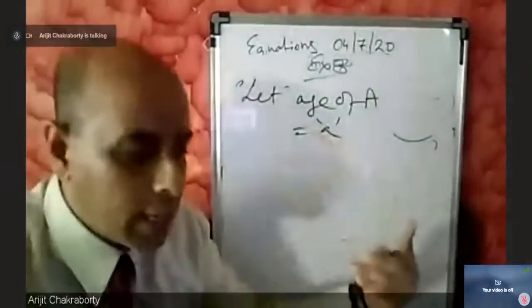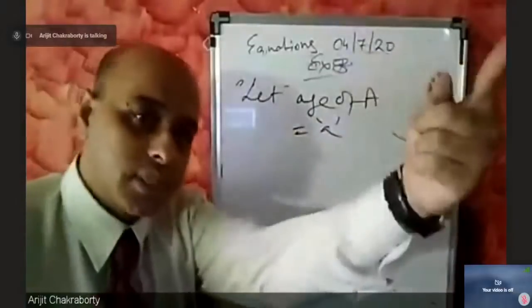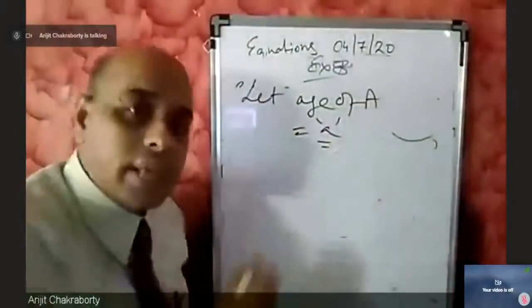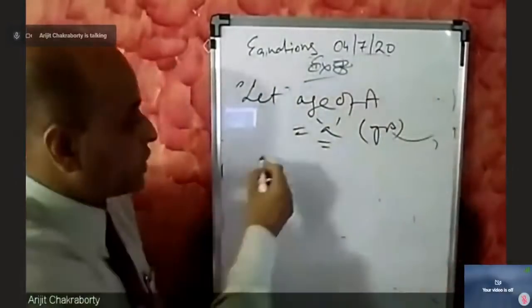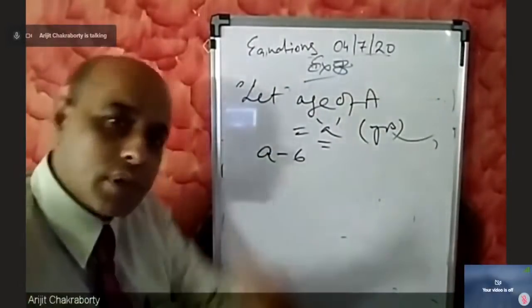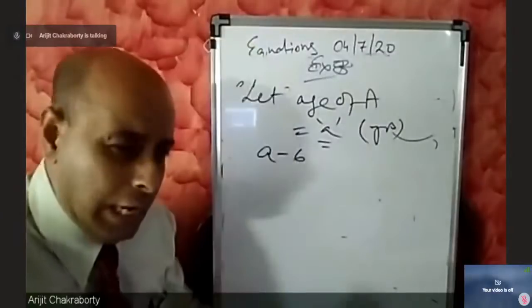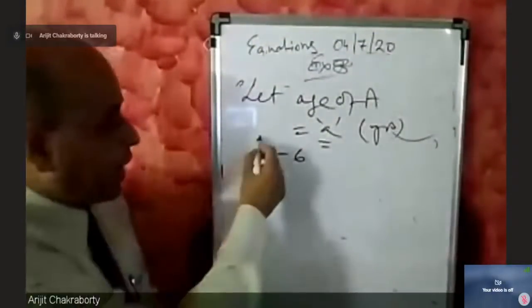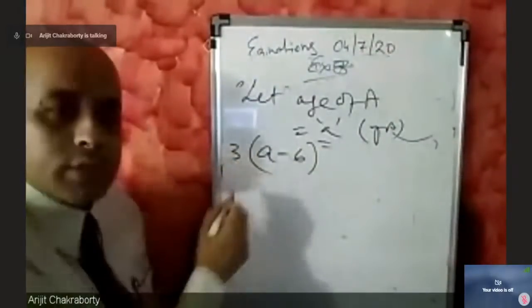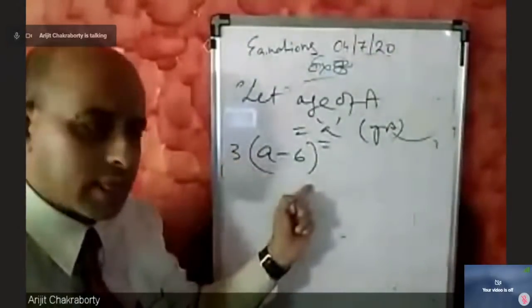So 3 times of his age 6 years ago. Now today his age is A years, of course, in terms of years. 6 years ago his age is A minus 6. 6 years back. 3 times of his age 6 years back. So the expression becomes 3 into A minus 6.